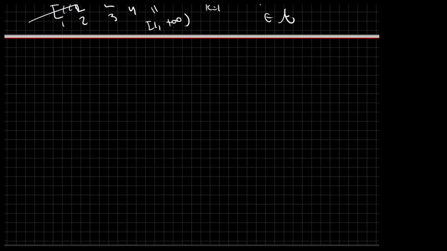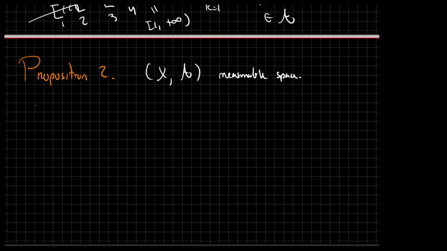Now let's go with a proposition. Proposition 2. So you have a measurable space X and A, then it holds some 5 properties. The first property is that the empty set is in the sigma algebra, and we have already proved this, so we won't prove it again.